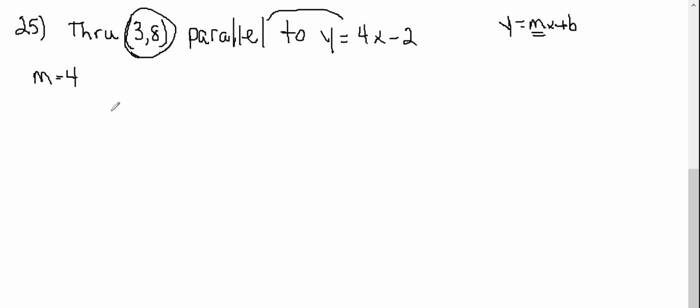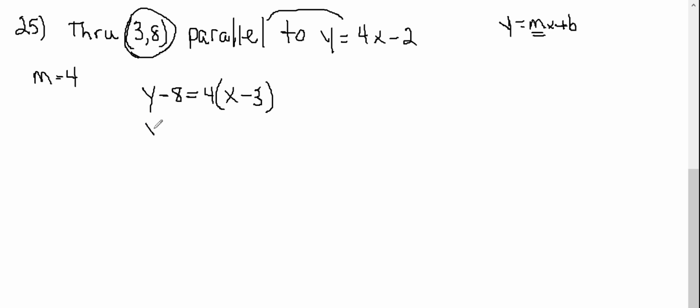So now I can write the equation of this line as y minus 8 equals 4, the slope, times x minus 3. Now we're just going to solve for y.